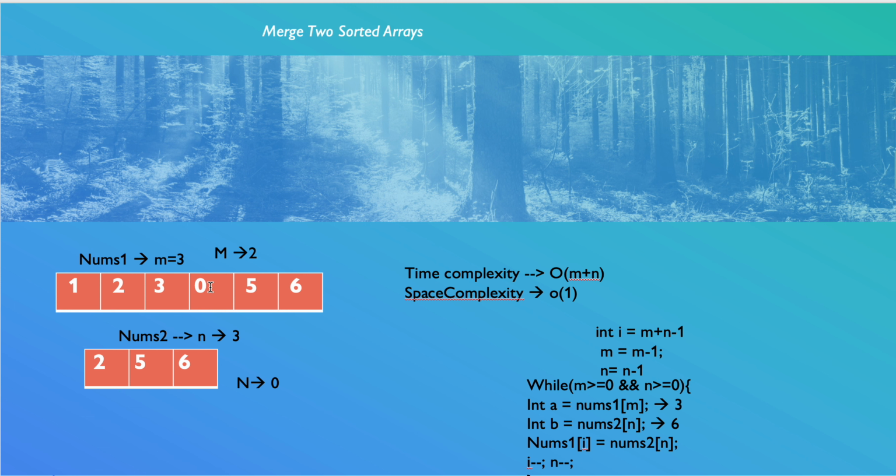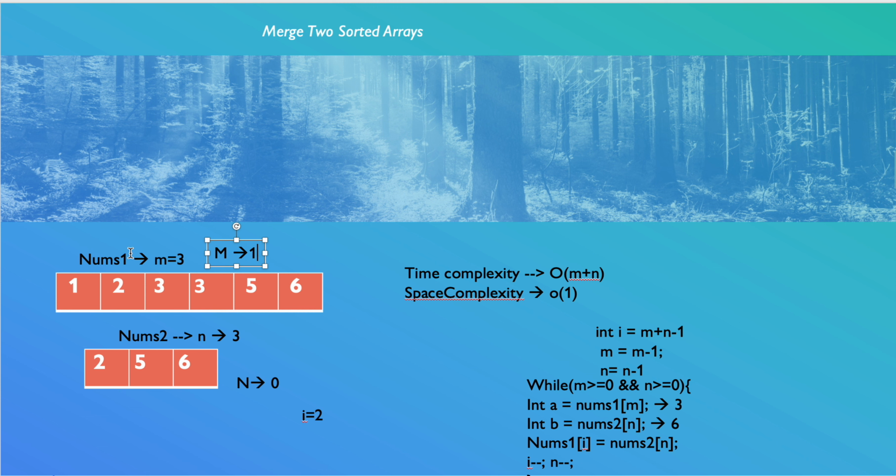So at the ith position the value placed will be 3. Now i will be reduced by 1, so i will be 2, n will remain 0 and m will be 1. So like this, using this logic, we can populate the nums1 array.